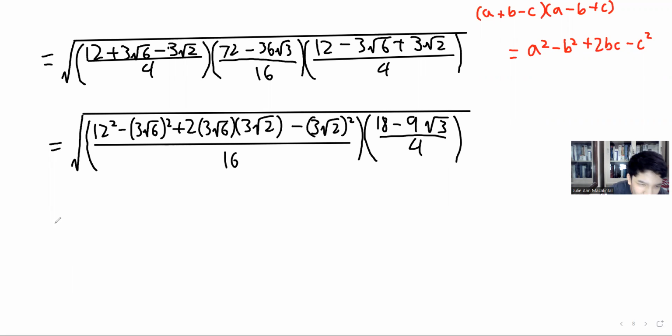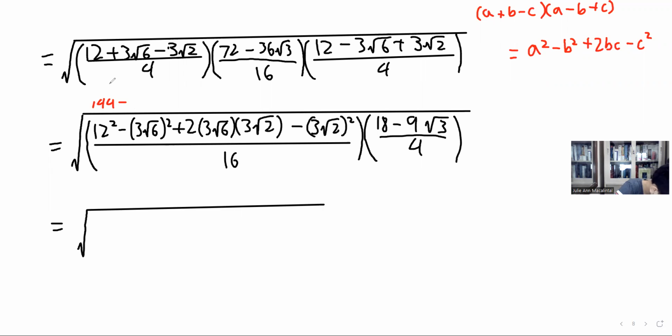So we can now do some stuff. If we simplify this one, 144 minus 54 plus 36 square root of 3.